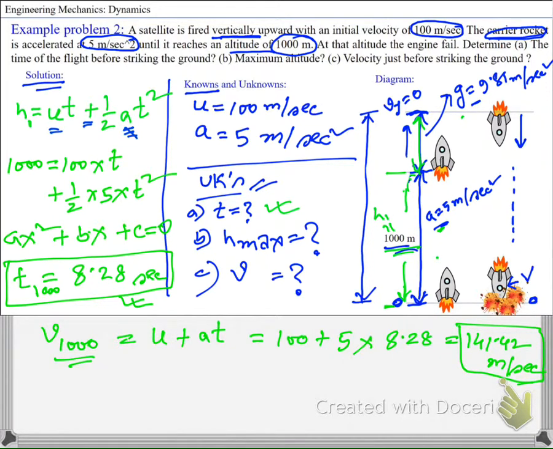So this is the final velocity at 1,000 meter. So we got the time at 1,000 meter, and we'll use these two to solve our next unknowns.